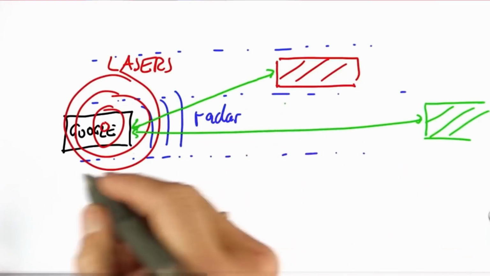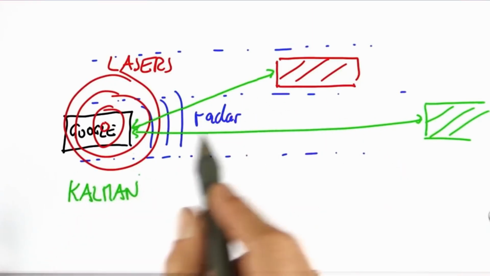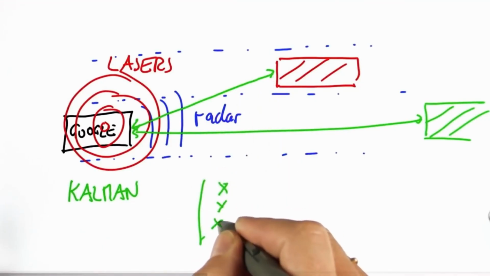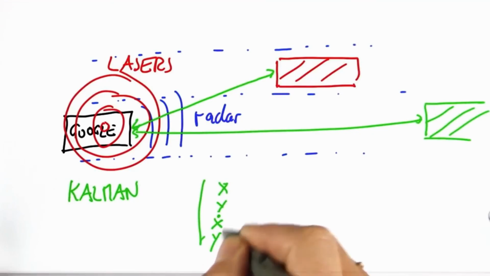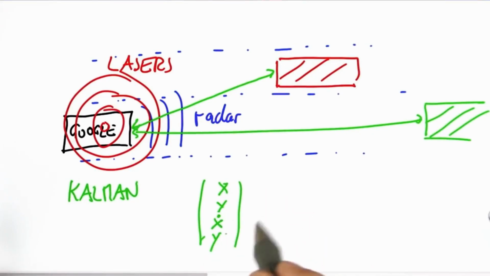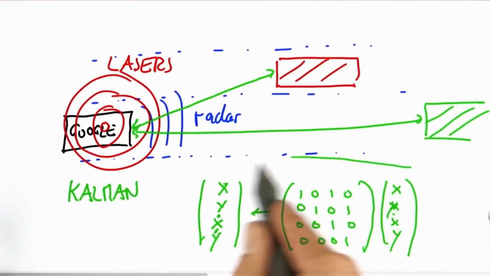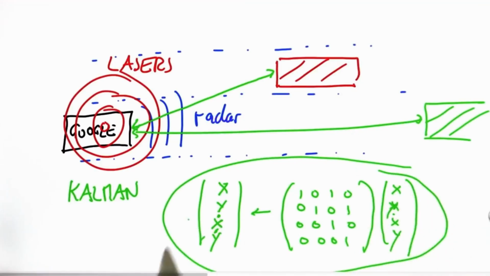And it does so using a Kalman filter, where it feeds in range data from the laser and uses state spaces like this one of the relative distance in x and y and the relative velocity in x and y, together with state transition matrices of the type I've just shown you, to find out where these other cars are. And this is exactly what you've just learned and programmed yourself.